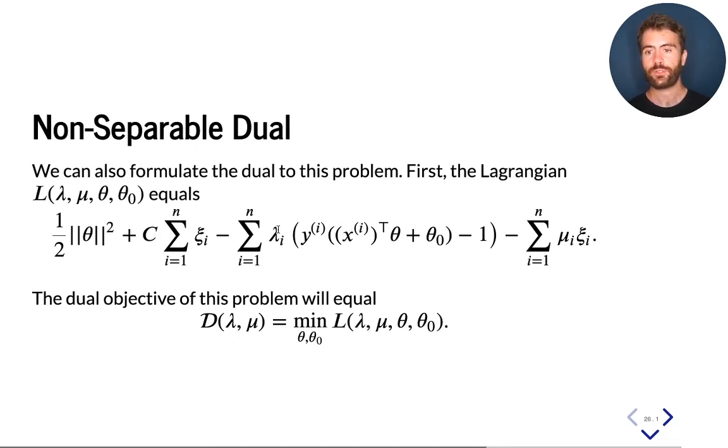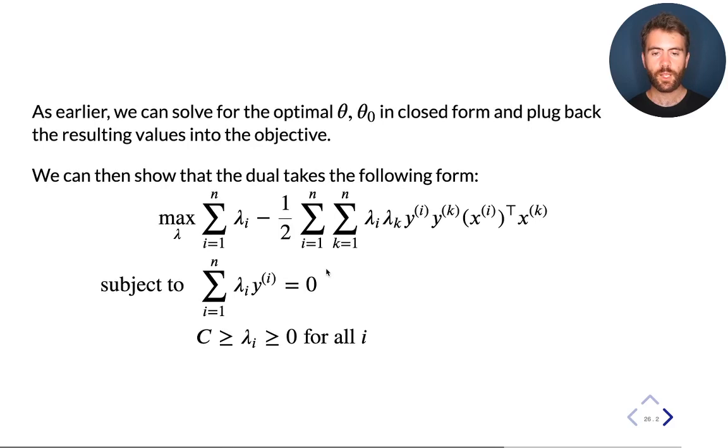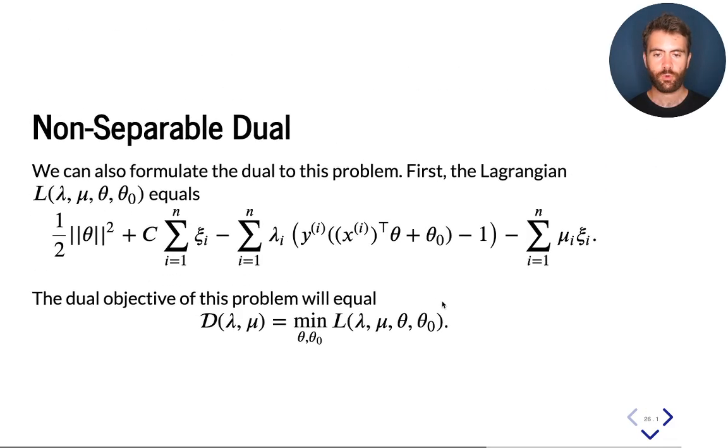We can take the gradient with respect to theta. We can set the gradient to 0, and that will give us a set of equations that must hold at the minimum value of theta. And then if we solve these equations, we can obtain a closed form for theta. We can plug it into the objective, and we can find a closed form for this.